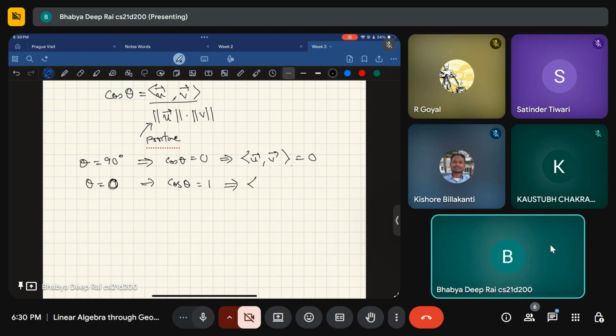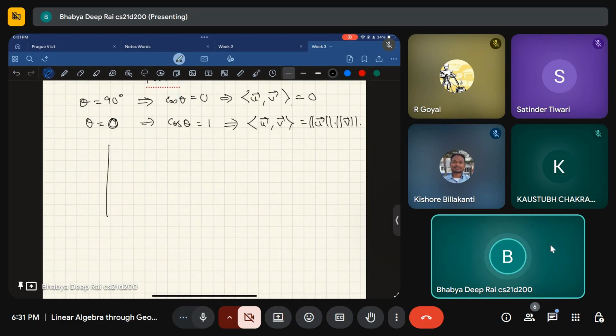But what does it say? By the way, what is theta and what does theta represent? If you have your graph here and you have one vector here and another vector here, this is theta. If you have a 90-degree angle between the two vectors, then the inner product is 0.